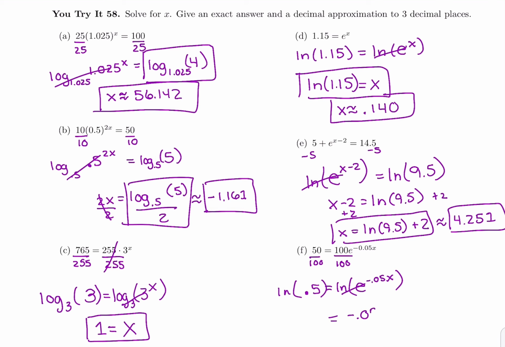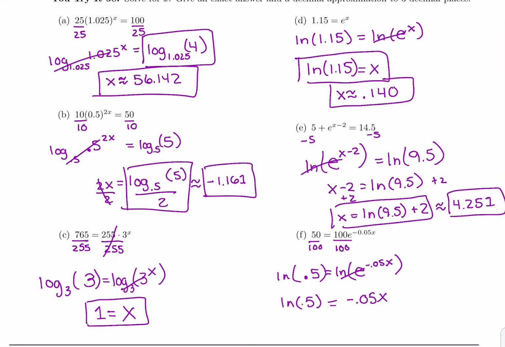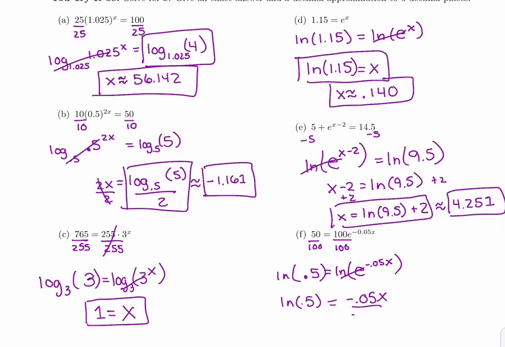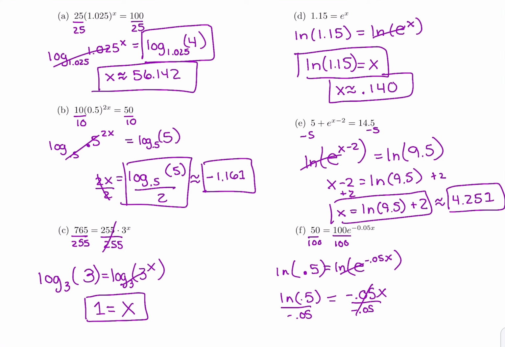So I have negative 0.05x on that right side, and on the left side I have ln of 0.5. And so to get x by itself, I can divide by that negative 0.05. That way x is by itself. My exact answer is ln of 0.5 divided by negative 0.05, and then my approximate answer is approximately 13.863. Exact is before you plug into your calculator, approximate is after what you got out.